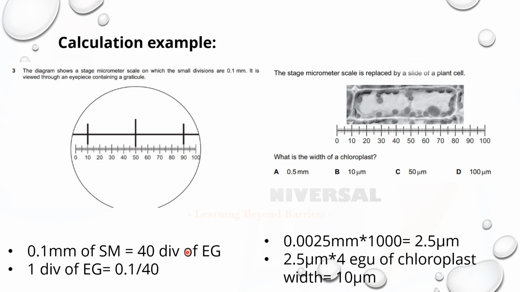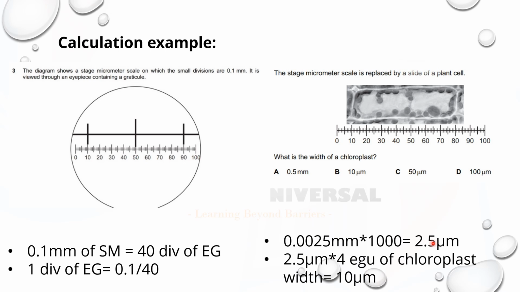If you want to find one division, you divide 0.1 by 40, and then what do we have here? 0.0025. But you have to always convert to micrometers. As a matter of fact, start by converting. You can convert this to micrometers to have 100. Multiply by 1000 gives 2.5 micrometers.